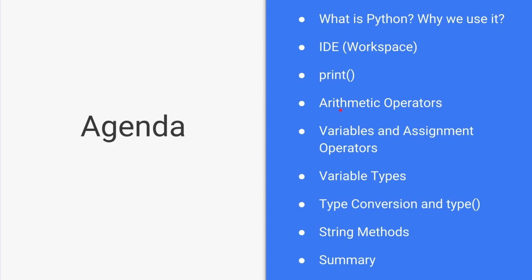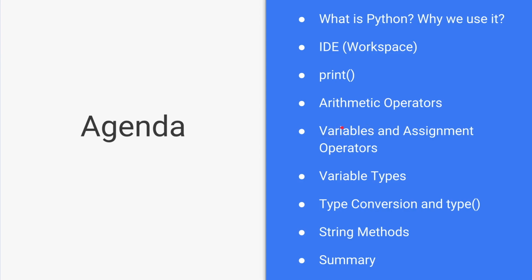Then we're going to look at the various arithmetic operators there are in Python, all of the different arithmetic operations we can do. And then we're going to look at what variables are. Variables are a really important concept in programming. They're a really convenient way to store your data and manage and organize it throughout your program.